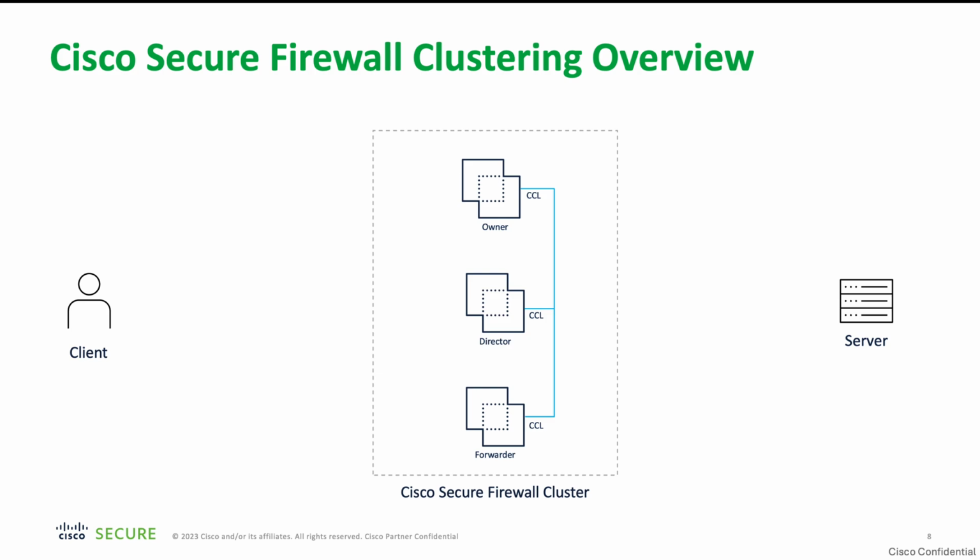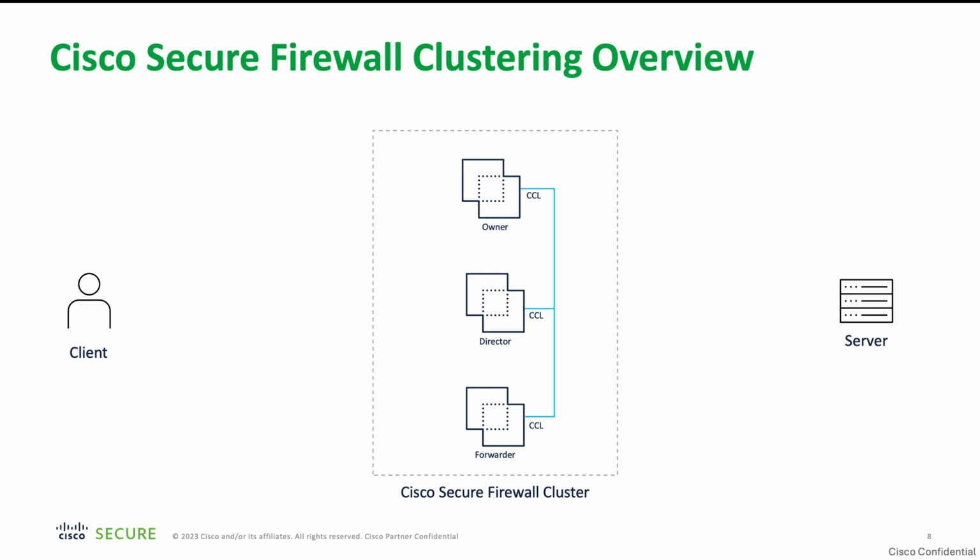It maintains the TCP or UDP state and is responsible for processing the packets. A connection always has one owner, and if the owner fails, another node takes over and a new owner is selected seamlessly. To support this, we have the backup owner, which continuously syncs state information from the owner. If the owner goes down, the backup owner ensures the connection can continue without disruption.